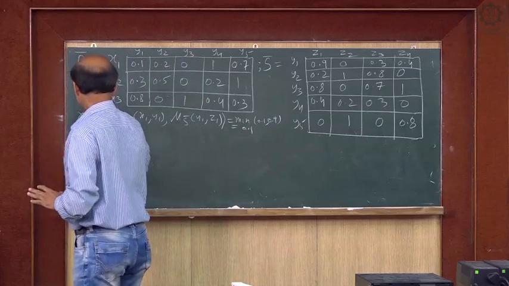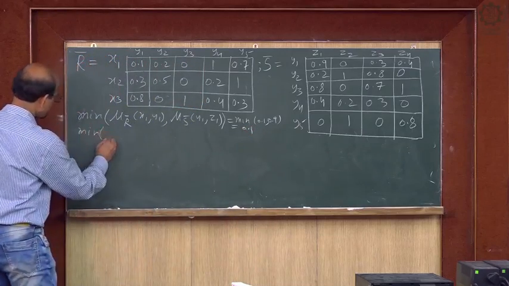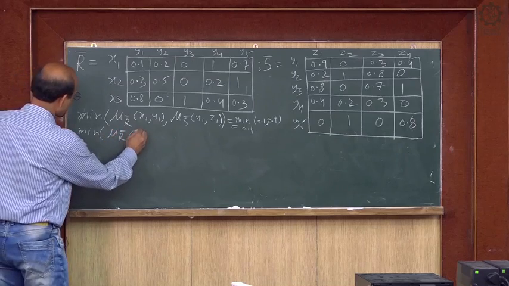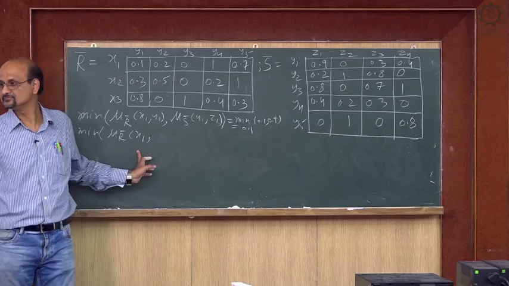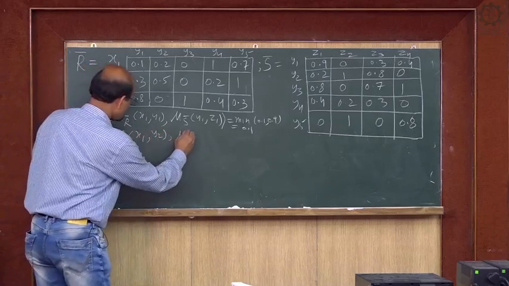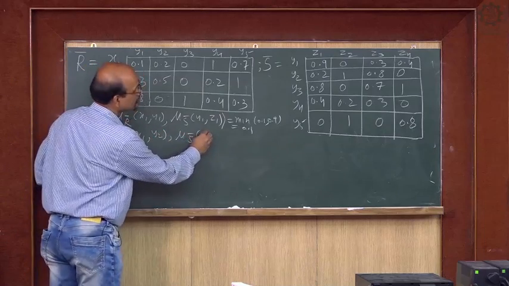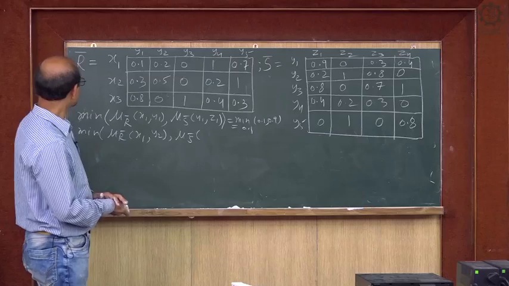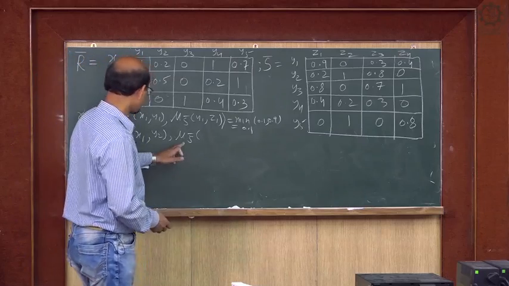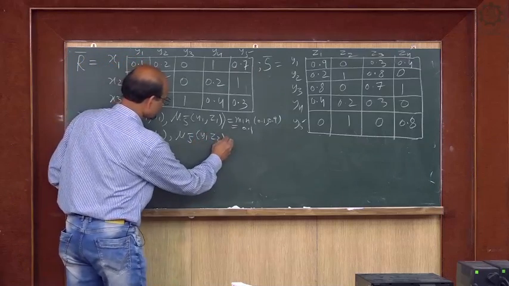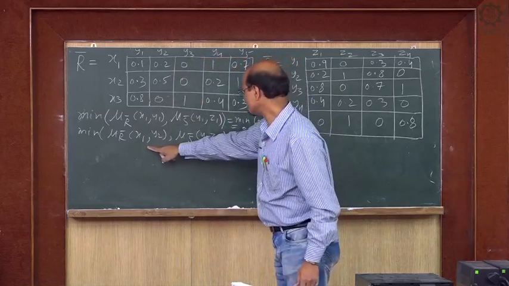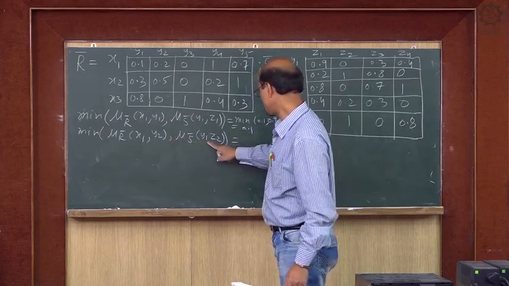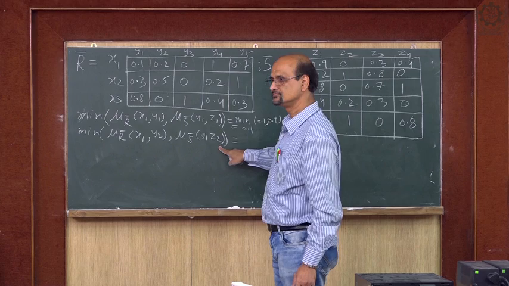Okay. Then again I have to find minimum of mu r bar x1 y2 and mu s bar y1 z2.